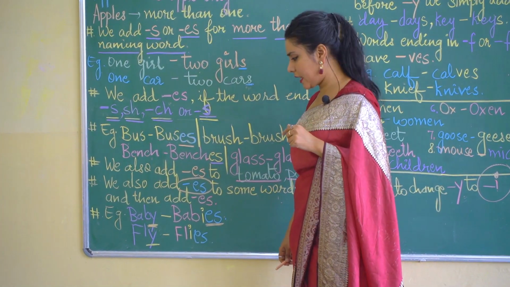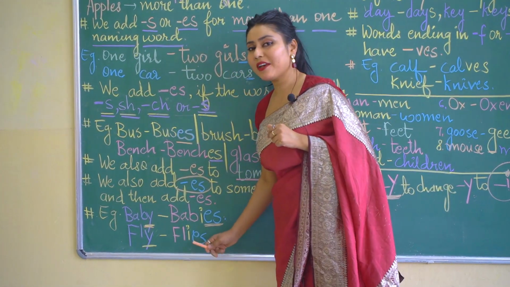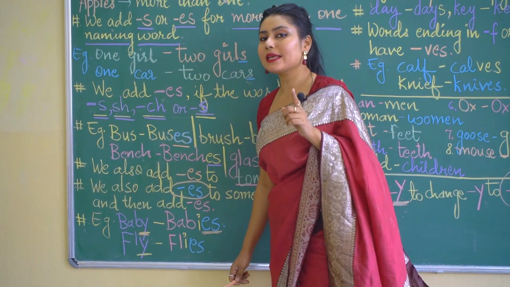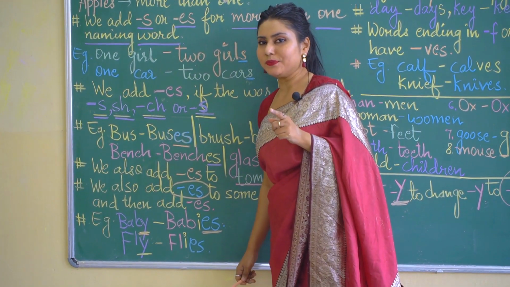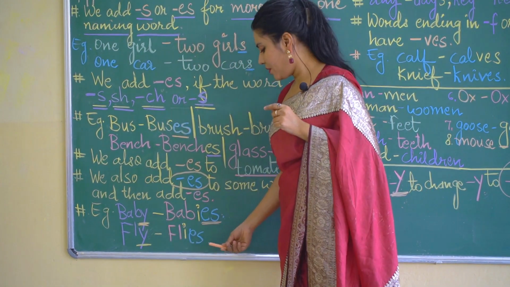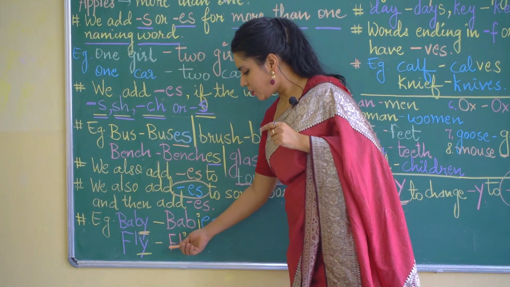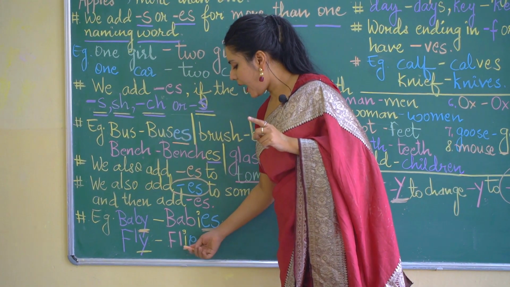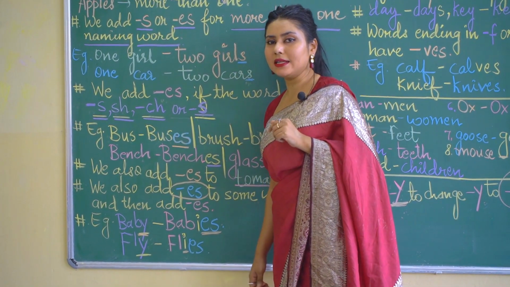Another example that I've taken is fly, F-L-Y. Now you know that the word fly is ending with Y. So this Y will get converted into I first. So F-L, there won't be any Y. Here it will be I. And then you will add ES.